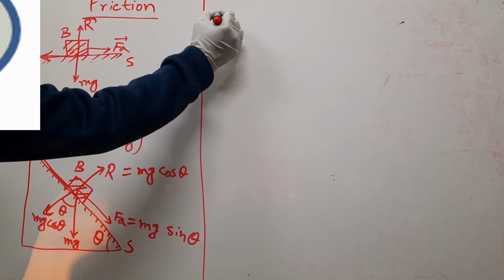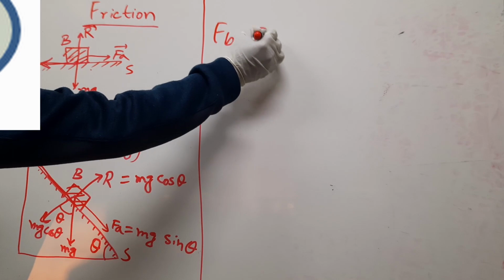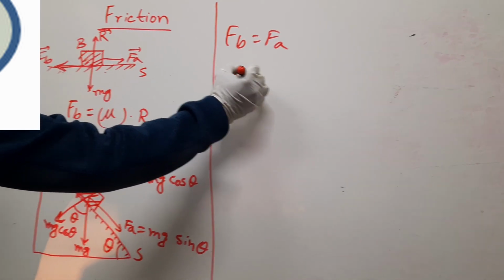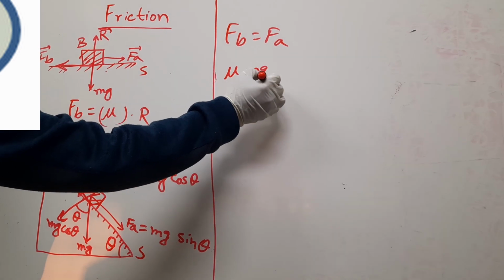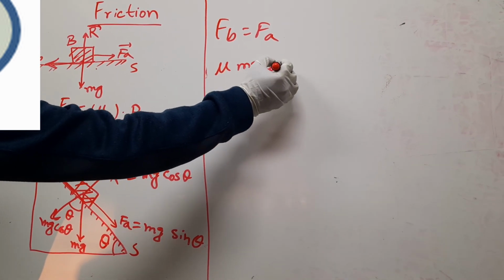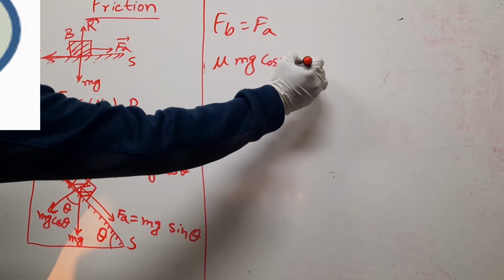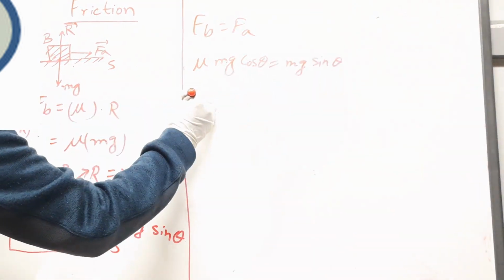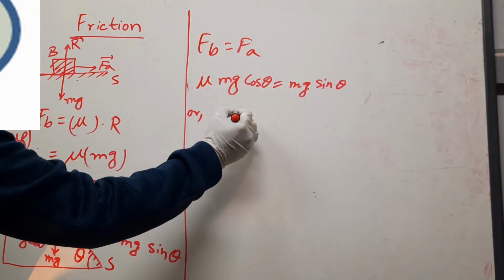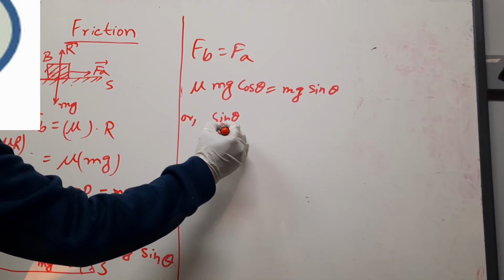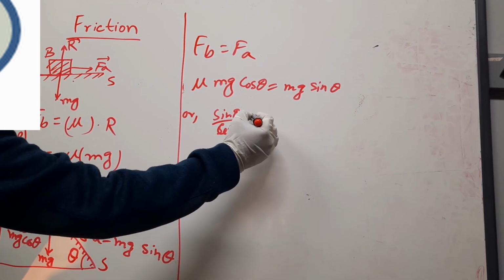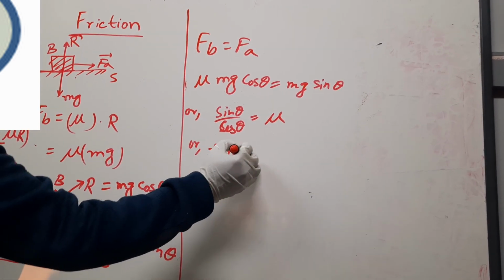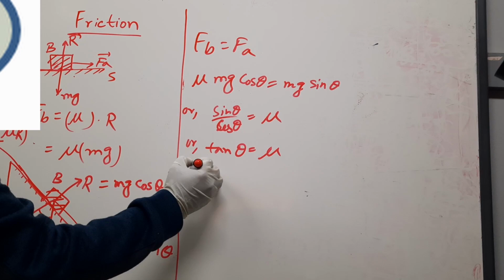In the equilibrium condition, when the object is just about to fall but hasn't started falling, Fb should be equal to Fa. This is the equilibrium condition we have to remember. In this condition Fb equals Fa, so we have mu mg cos theta equal to mg sin theta. Therefore sin theta by cos theta equals mu, so tan theta is equal to mu.